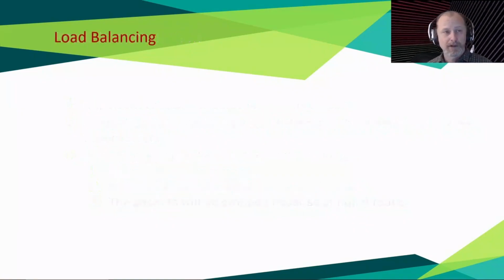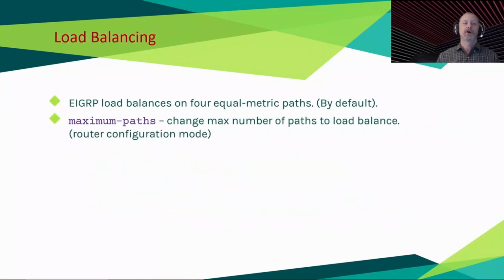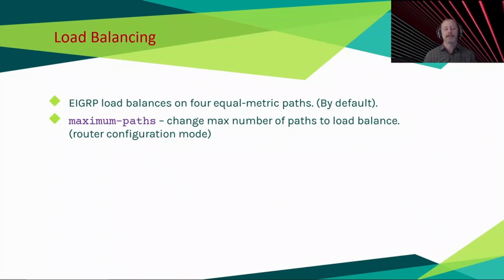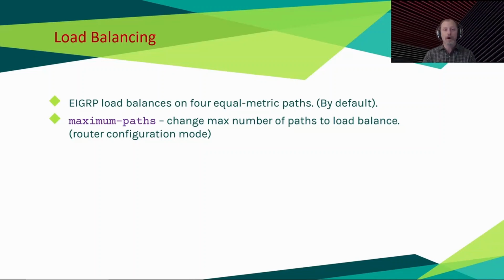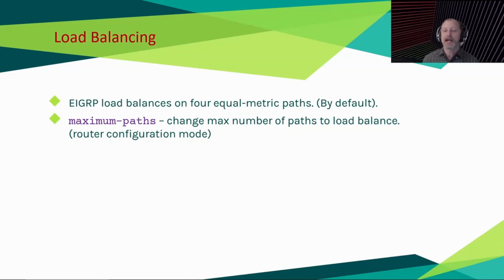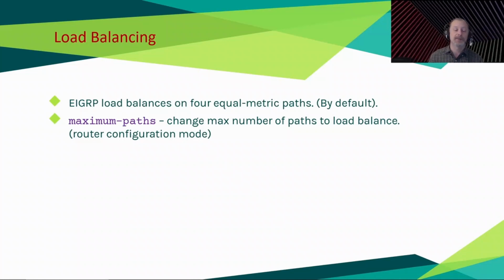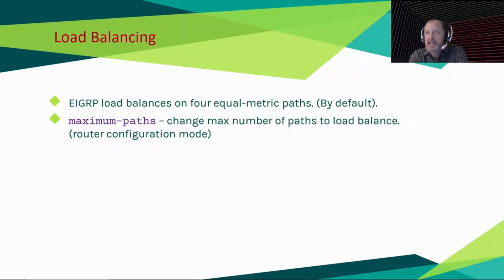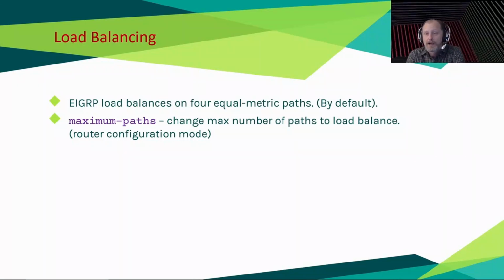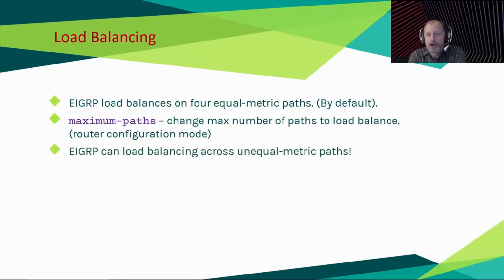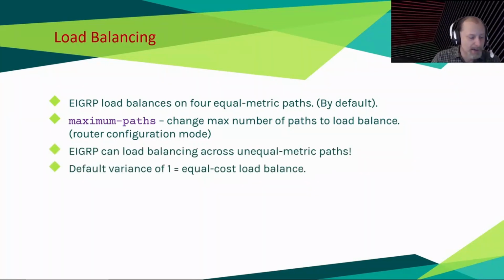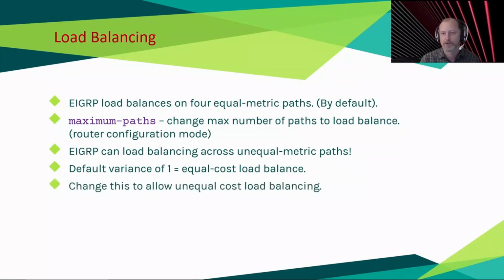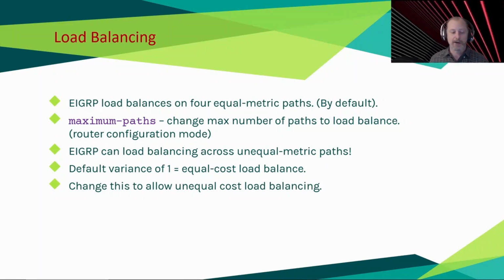Okay. Load balancing. EIGRP by default will load balance equally across up to 4 paths. We can change that to a higher number of paths, up to 16. It's rare to see equal paths even that go up to 4. We can also do unequal-cost load balancing using the variance command, which we saw before, which allows us to use our network much more efficiently.